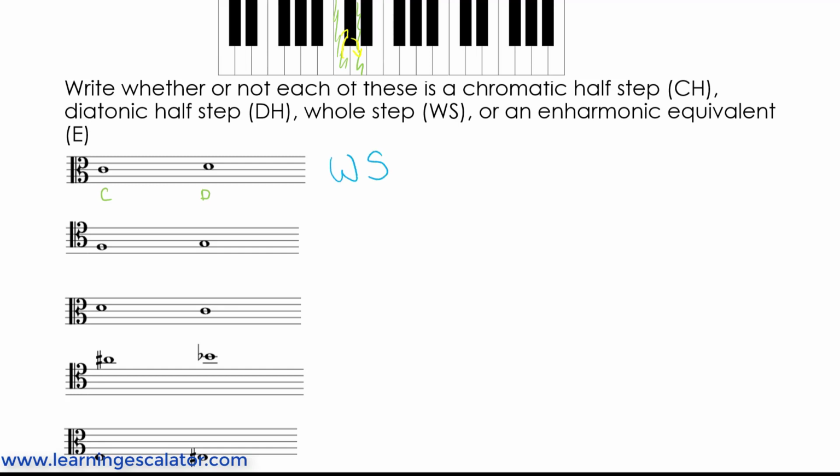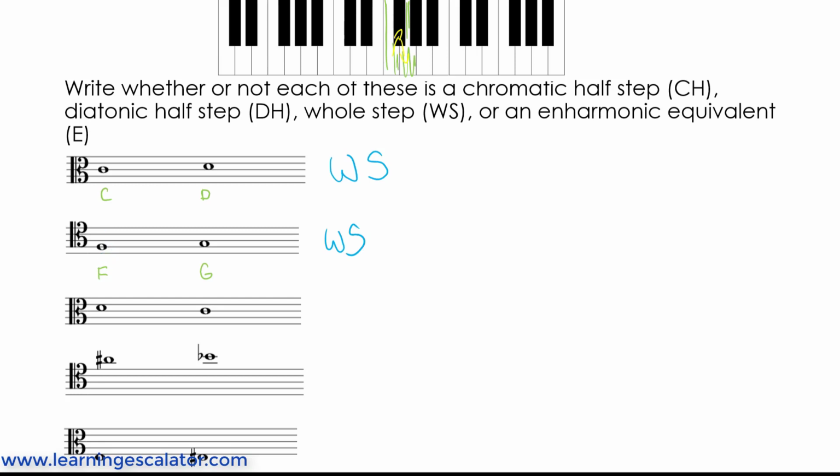Now the second one is the tenor clef. If you know that this note is C, so this is also C, then D, E, F. So the first note is F, and the second note is G. And on the keyboard, F is over here and G is over here, and it's one half step, two half steps, so it's another whole step.